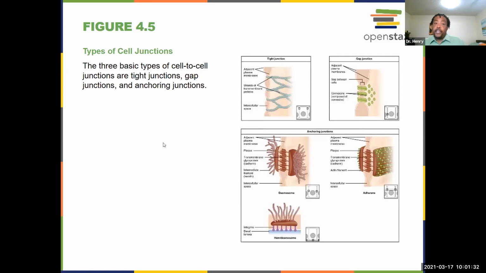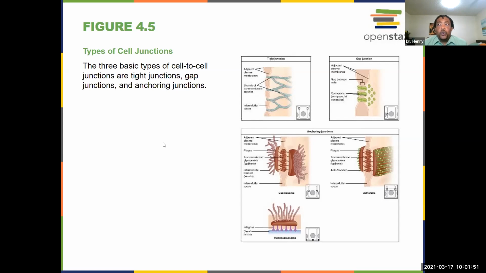Okay, so let's think about it. You have two cells that are next to each other, right? A junction is a form of connection, a way of connecting two different things, right?